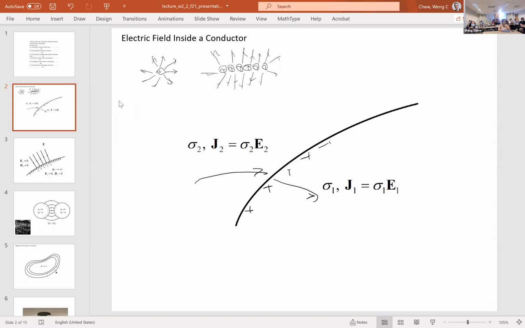So if you were to linearly superpose this on top of, say, a field in the background, the total flux produced by the charges and the background flux would be discontinuous. Can you see that? Okay, the discontinuity is proportional to the charge or surface charge density of the surface charge. So we got n dot (D1 minus D2) is equal to rho sub s. Okay, this is one boundary condition that we have derived from Gauss's law.